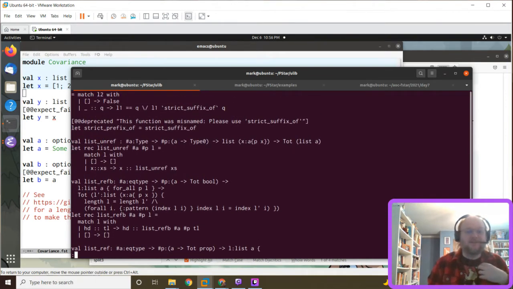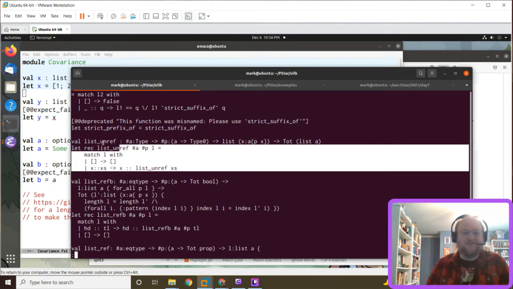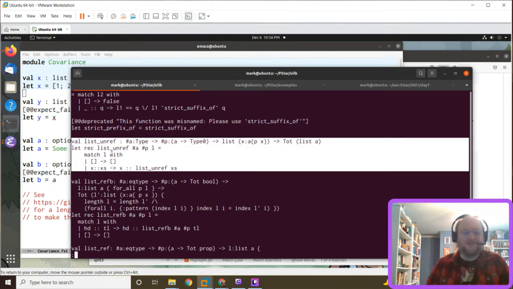There's a function called unref, which stands for unrefined. So you can take a list that's got a refined type and convert it to a list in the base type. And this looks like it's going to be horribly slow because, hey, isn't this just copying the whole list?